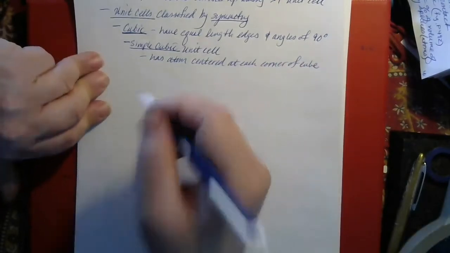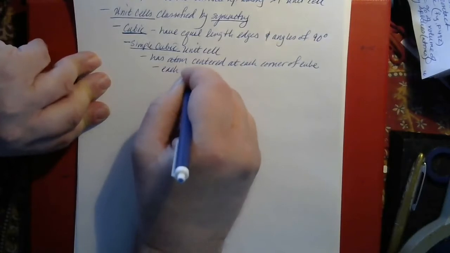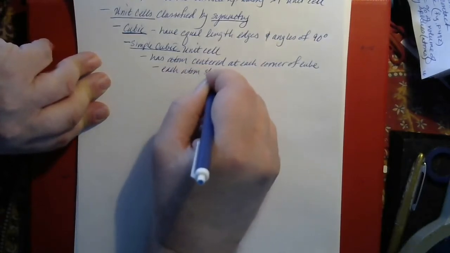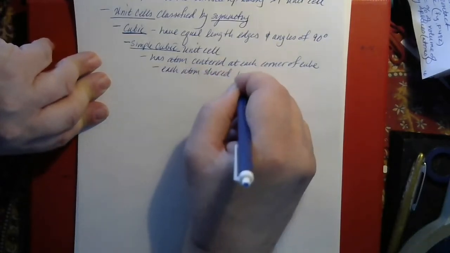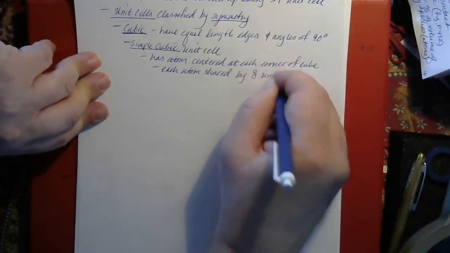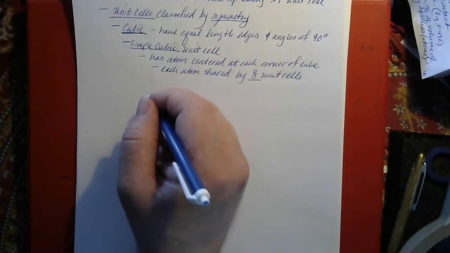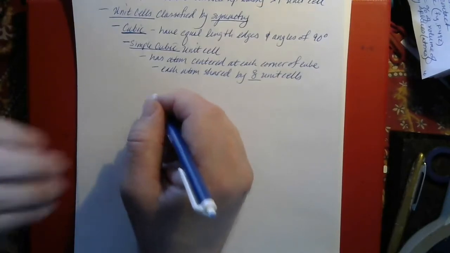And what that means is each atom is shared by 8 unit cells. Or in other words, 1/8 of each atom is within any given unit cell.